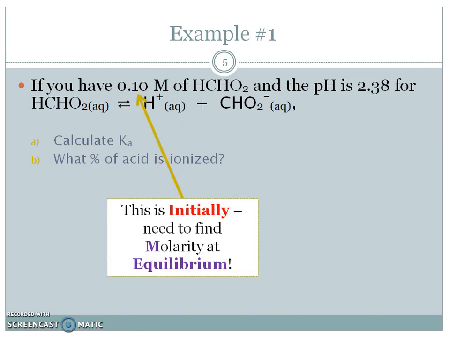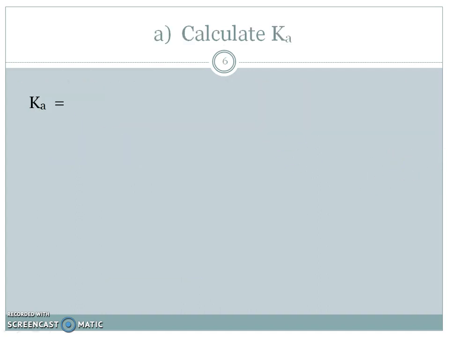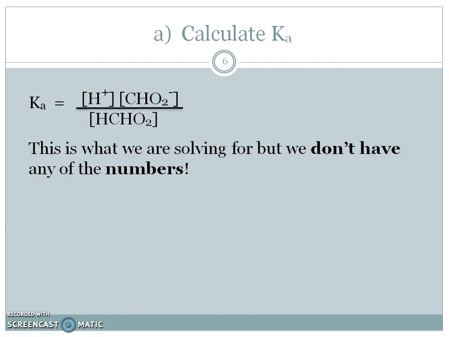So again, as a reminder, this is the initial concentration of our weak acid molecule. We need to find the concentrations of all of these substances at equilibrium. So again, products over reactants, they were all aq in solution, so they're all going to be part of the expression. But this is what we're solving for, but we don't have any numbers to put in.